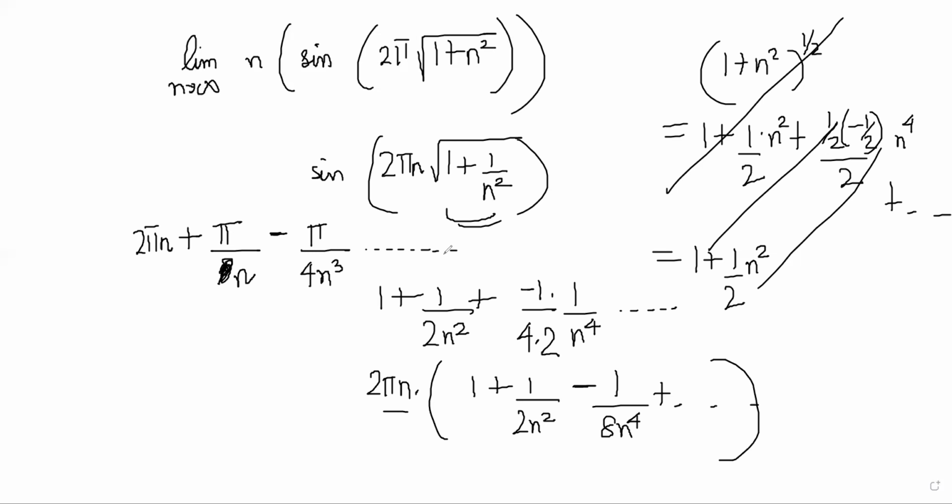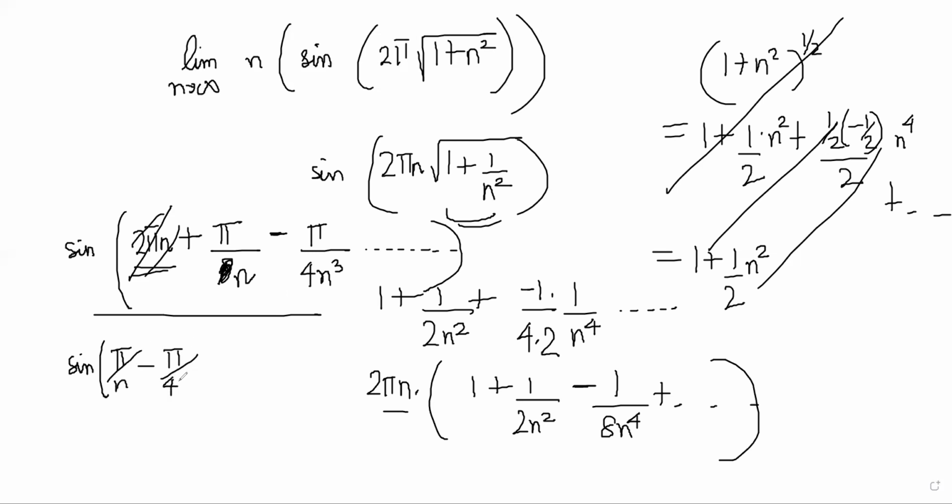You have to find the sine of this. Sine of the integer multiple of 2 pi you can ignore. So it is just sine of pi by n minus pi by 4n cube.